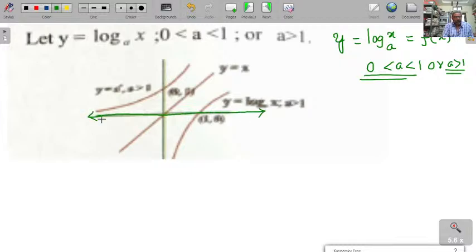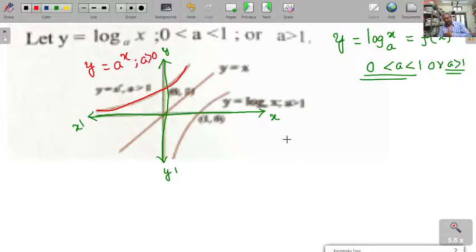This is y-axis. Y dash, y, x, x dash. This is the graph of y is equal to a power x, the exponential graph, a greater than 0. When a greater than 0, you will get the graph like this.